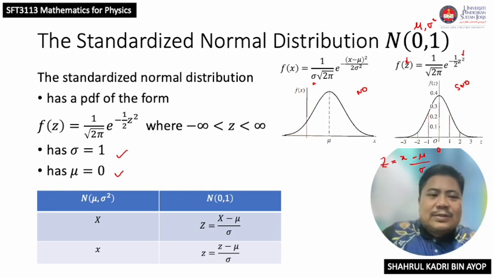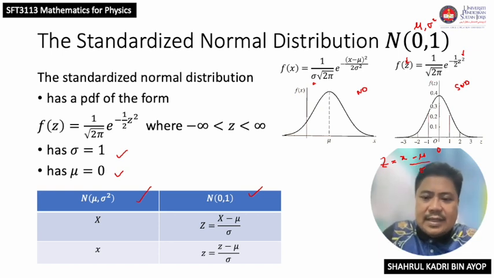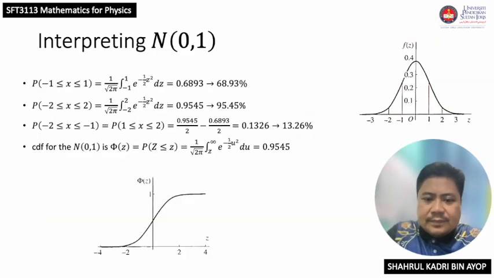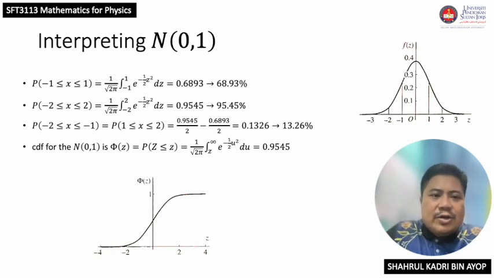Okay, so this is the characteristic of the standardized normal distribution. Let's look more about it. If we want to calculate the probability of something occurring between -1 and 1, sorry, this is wrong, this is z, I made a mistake.